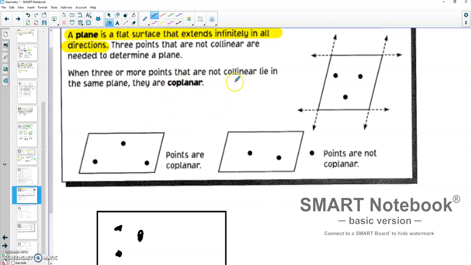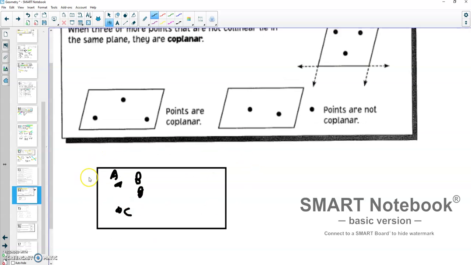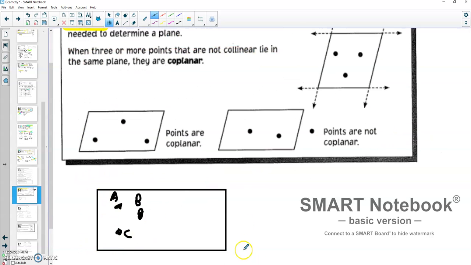Remember, they are on the same plane. Co means joint or together. So let's label these A, B, C. Now, these are all on the same plane. Remember, it's that little piece of paper.